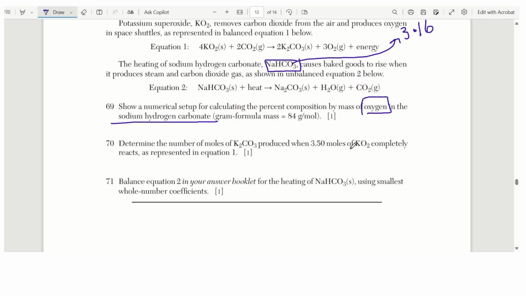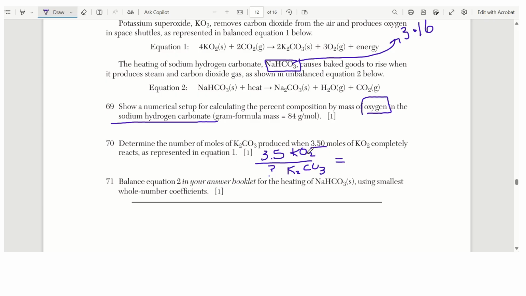And number 70, determine the number of moles of K2CO3 produced when 3.5 moles of KO2 completely reacts as represented in the equation. Okay, so I have 3.5 moles of KO2, and I want to know how many moles of K2CO3.